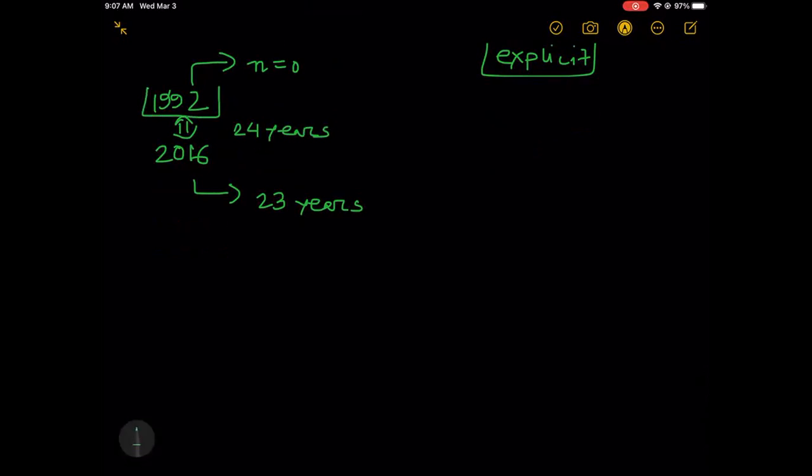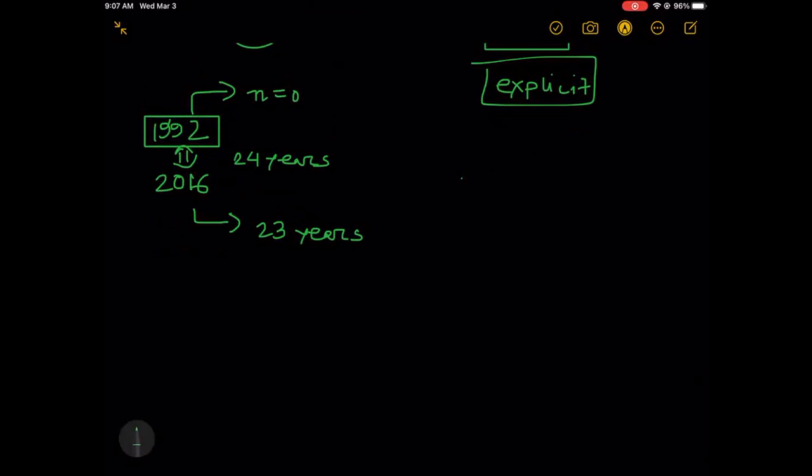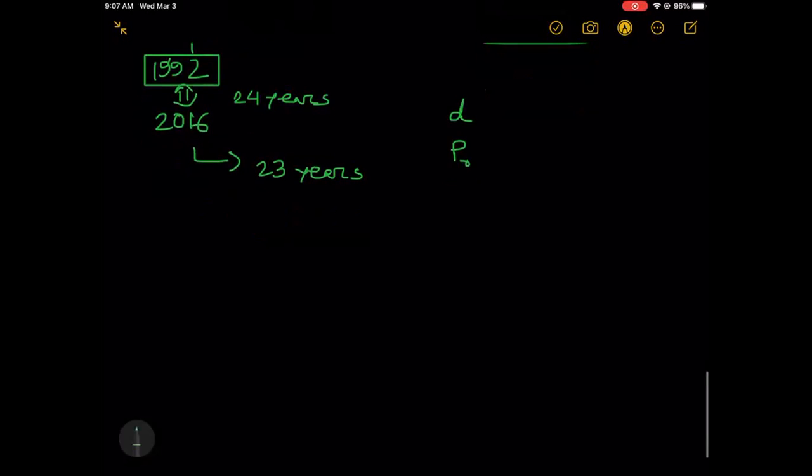And if we say that this is n equals 0, the starting year, that means we are looking for the consumption after 23 years from there. So once again, we want to find D and P naught. And clearly then we can calculate P of 23 using 23 times D plus P naught, where n is 23 here. Okay, now let's quickly solve it.